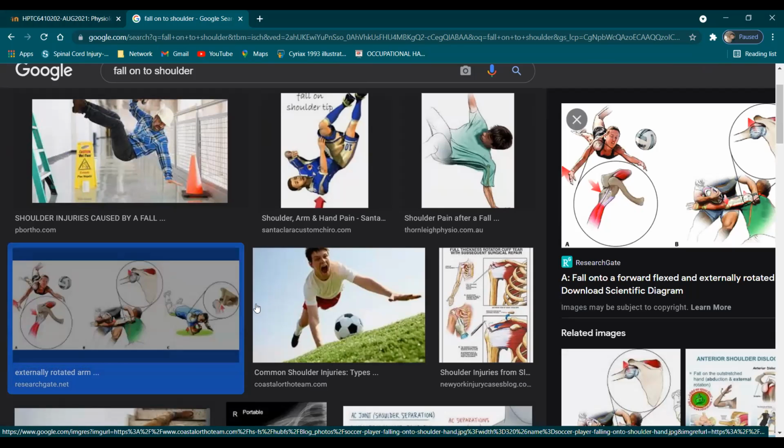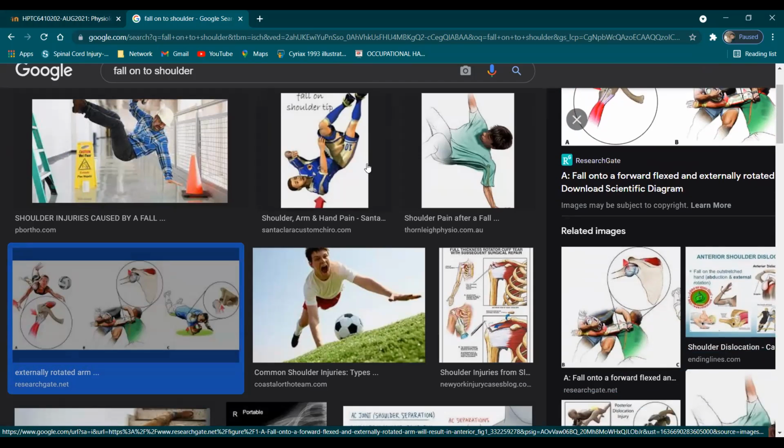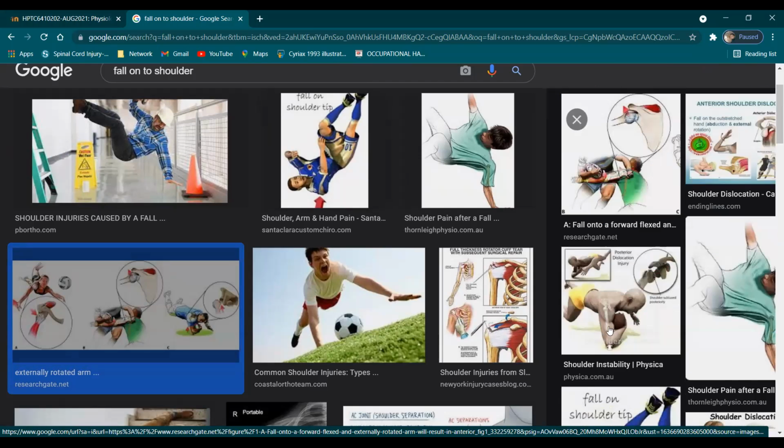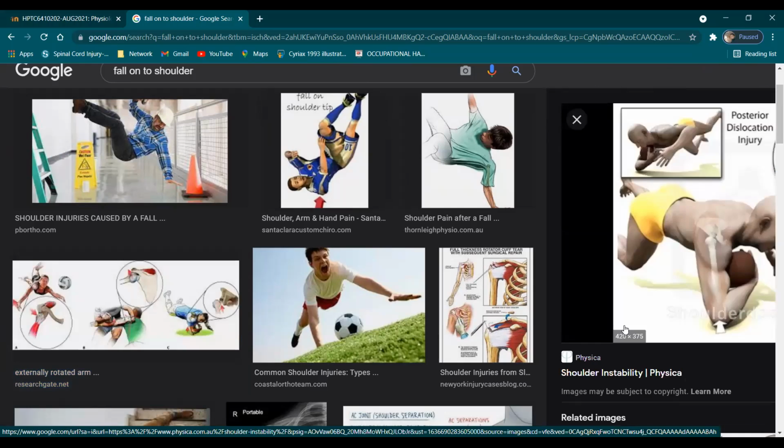One person may fall onto the other, and like that many things are there. So now you can see the different mechanisms, right? Depending on the mechanism of injury, you can decide which fracture it should be.